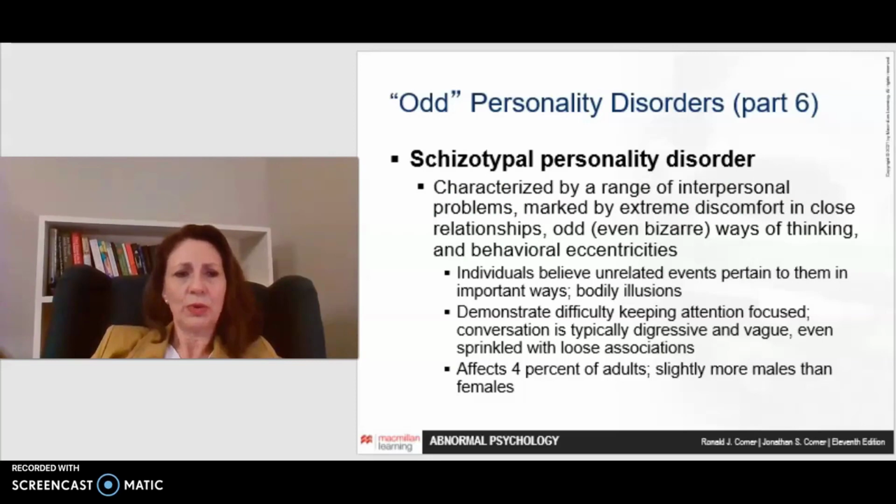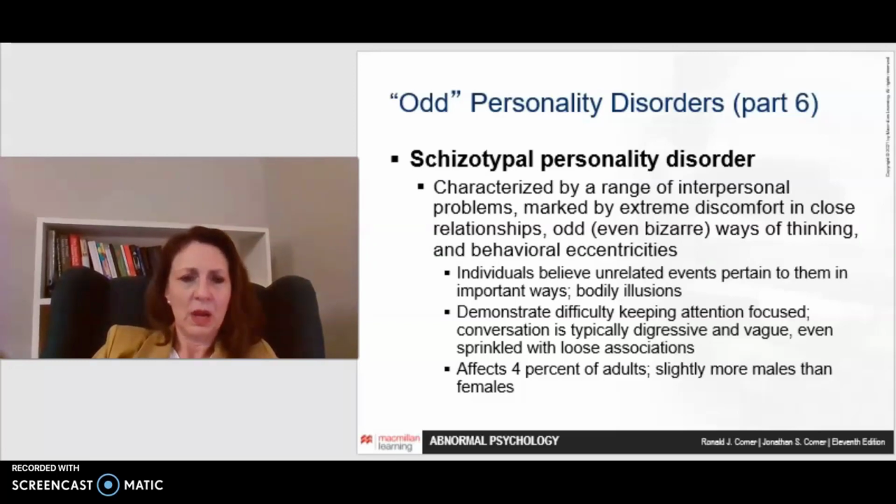Schizotypal personality disorder is characterized by a range of interpersonal problems marked by extreme discomfort in close relationships, odd or bizarre ways of thinking, and behavioral eccentricities. Individuals believe unrelated events do pertain to them in important ways in this disorder, and there are bodily illusions.